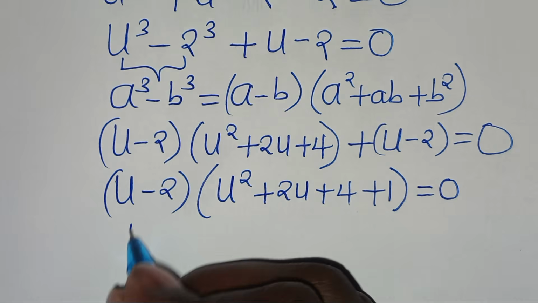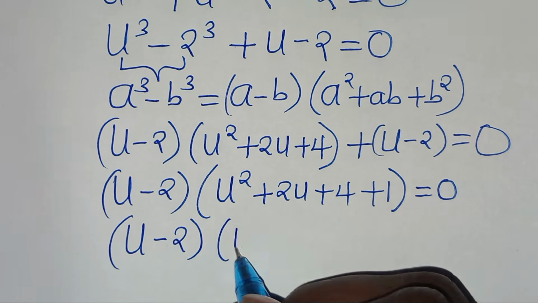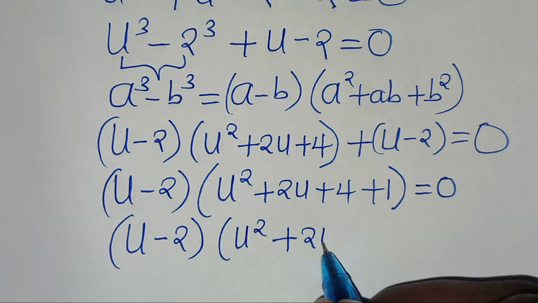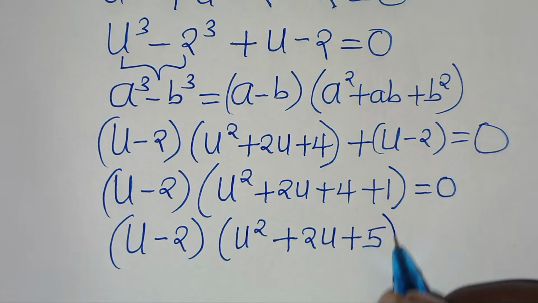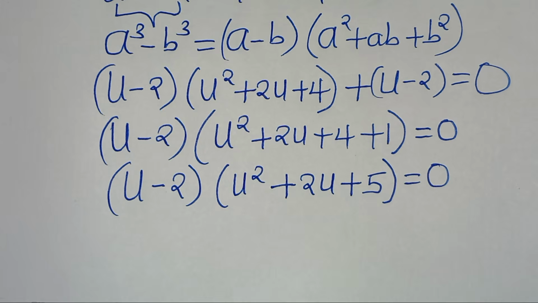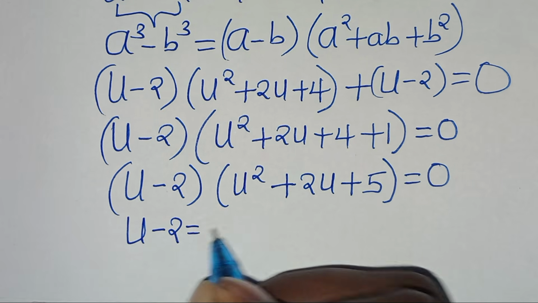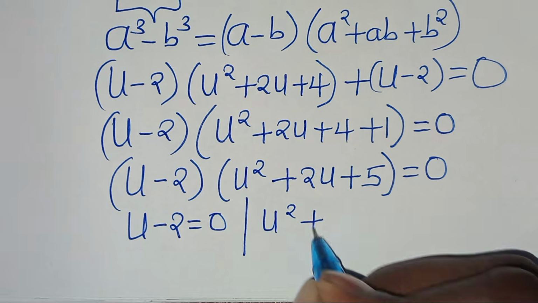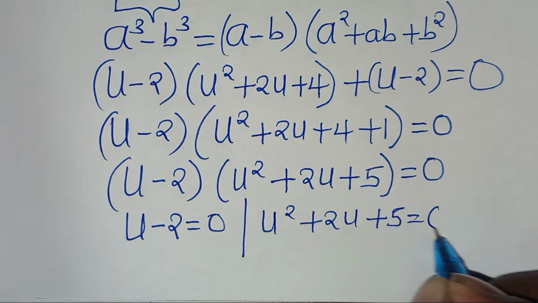Now we have u minus 2, then we have u to the power of 2, then plus 2u, then plus 4 plus 1, this is 5, and this is equal to 0. Now we have got two parts here. We have that u minus 2 is equal to 0, and we have u to the power of 2 plus 2u plus 5 is equal to 0.